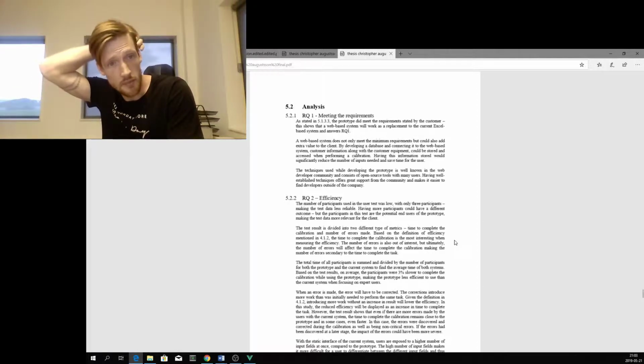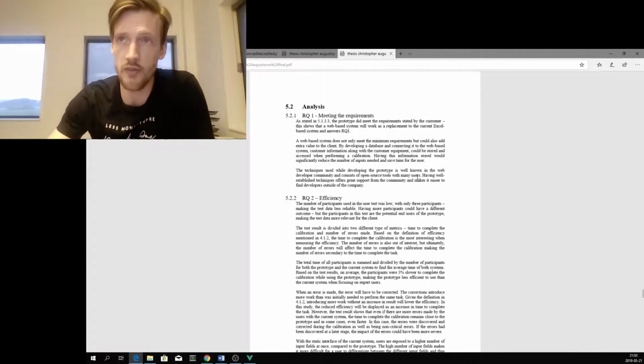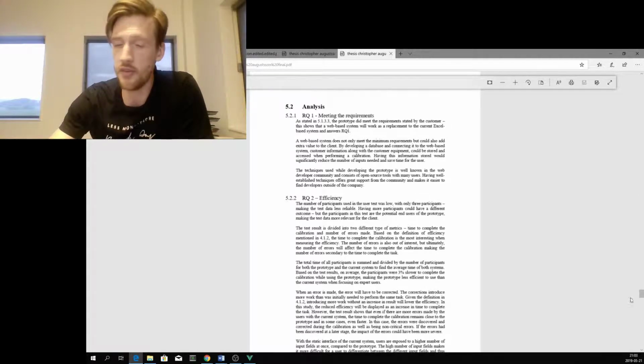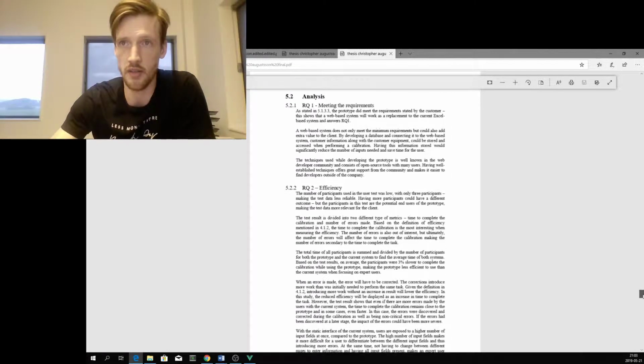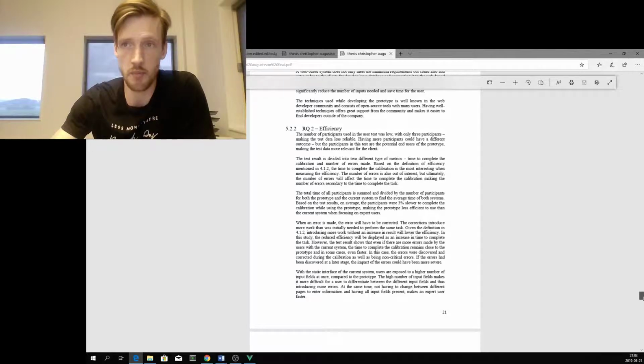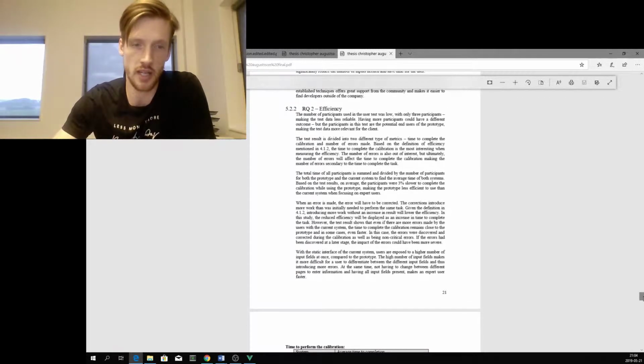Now, if we analyze these results, we can find that a web-based system would be a good solution for ICS as a replacement for the current system, and would actually add some extra value to it, since if you have a system developed with well-known programming languages, it's way easier to find other developers that can help maintain the system. So that doesn't make the company so reliant on key personnel, basically.